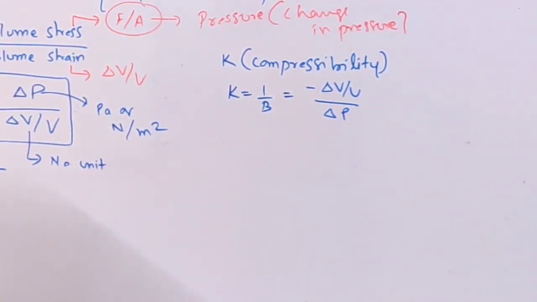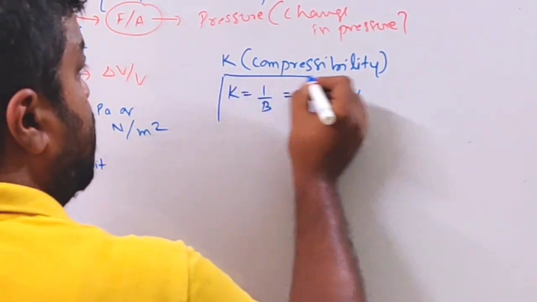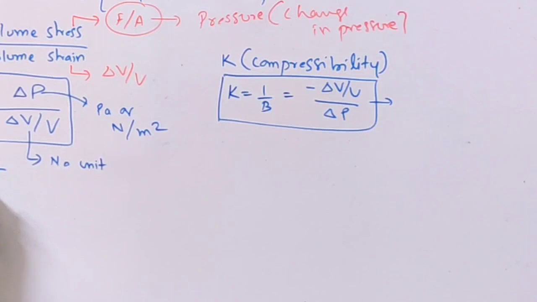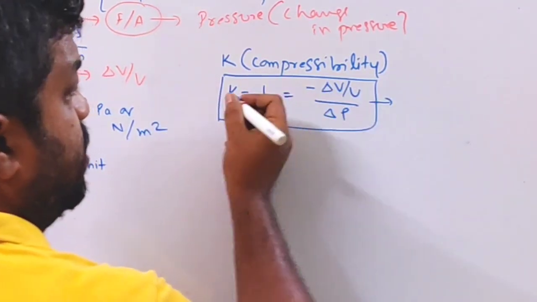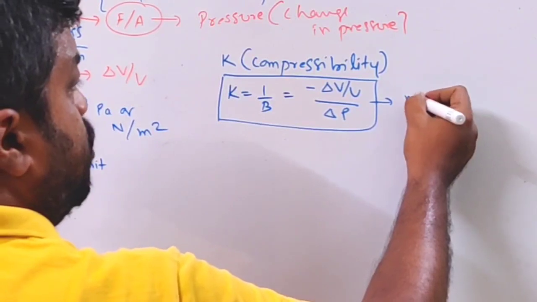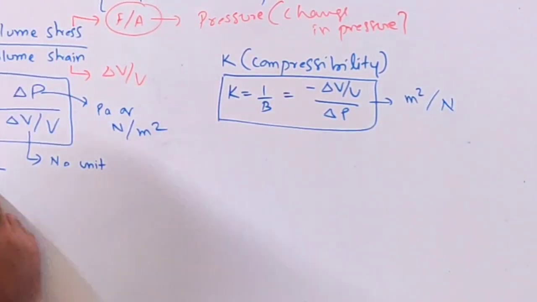So this is the expression for compressibility. If the unit of bulk modulus is Newton per meter square, the unit of compressibility will be meter square per Newton, the reciprocal of this. And how can we define compressibility?